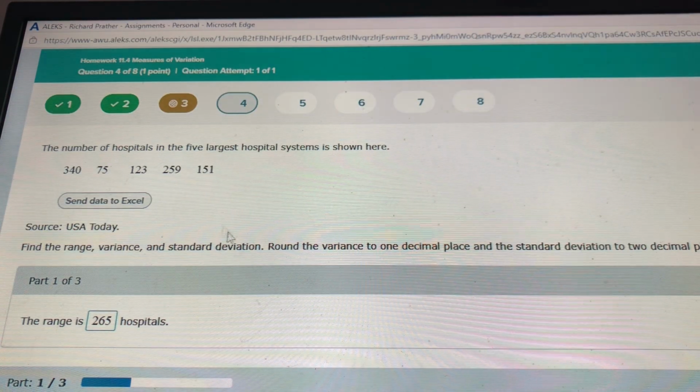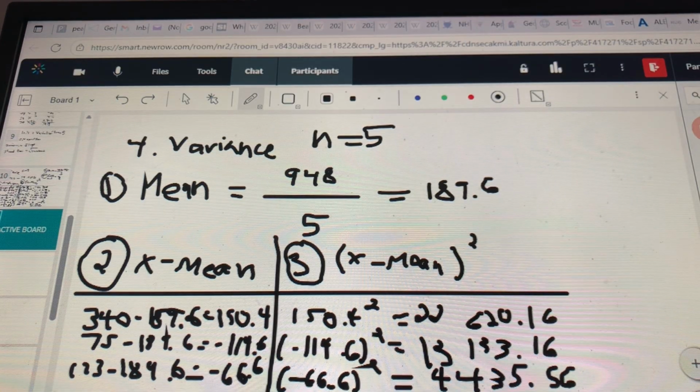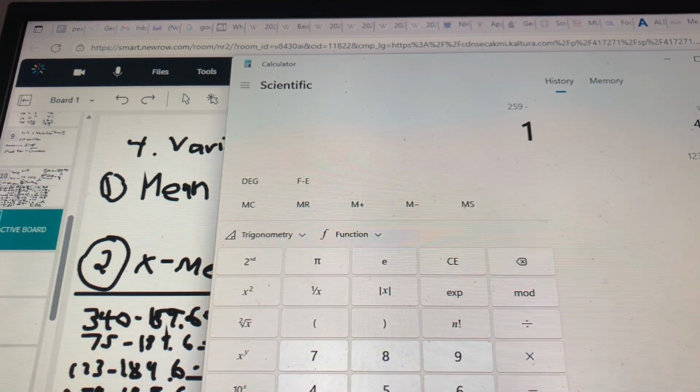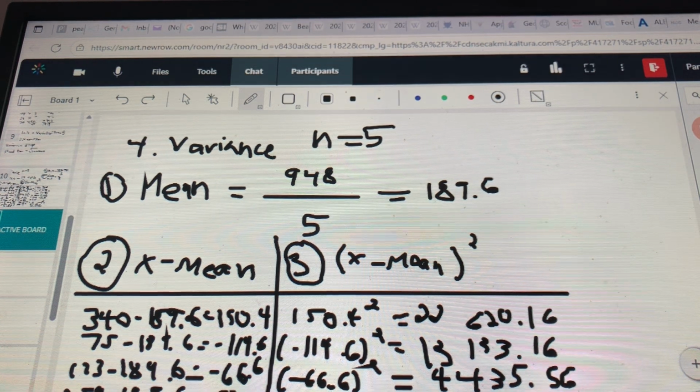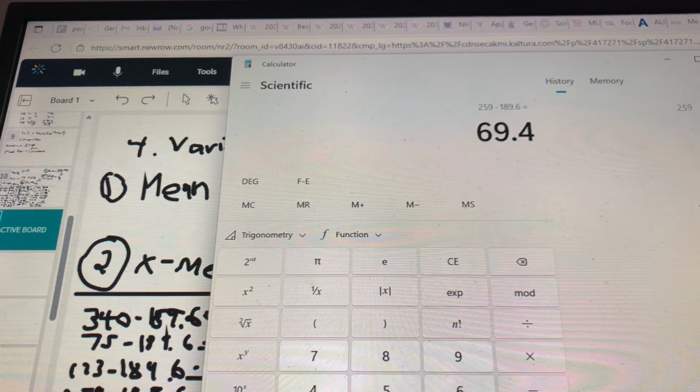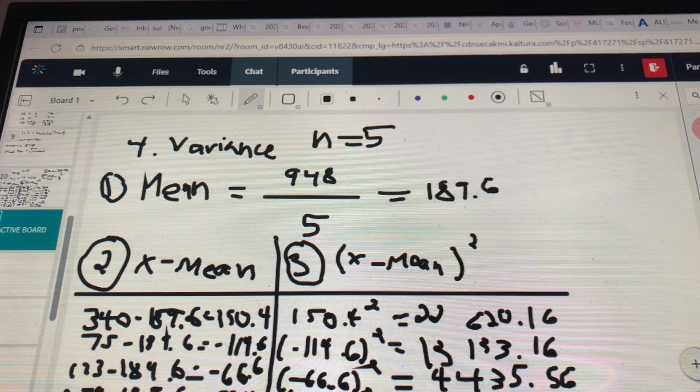2 more to go. 259. 259 minus 189.6. 259 minus 189.6 is 69.4. Squared, 4816.36.